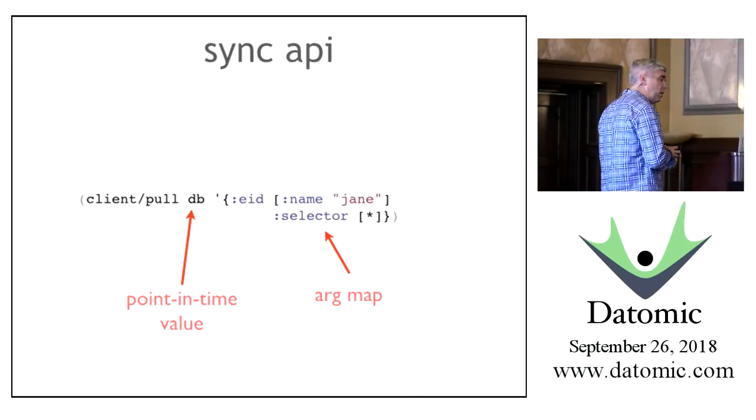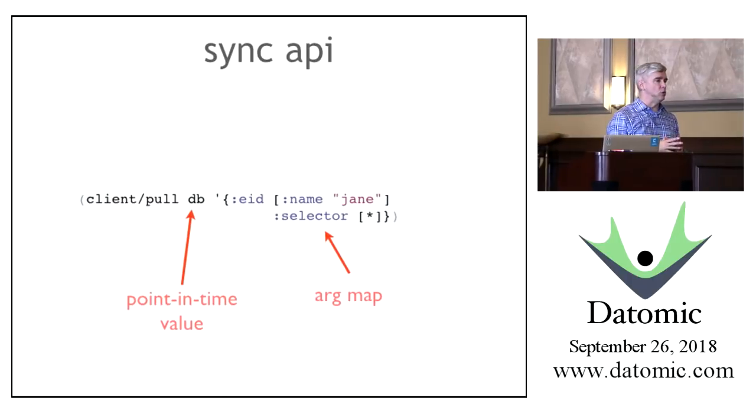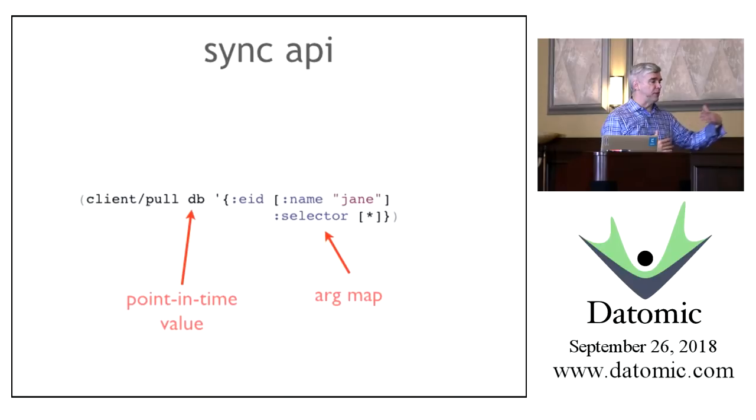We'll see more of pull later, but this is a very powerful thing, because if you open up your API to let people send in pull specifications, you don't have to decide in advance what kind of information about an entity you want to return. Callers can then say, I'm interested in shaving off this piece, I'm interested in shaving off that piece.